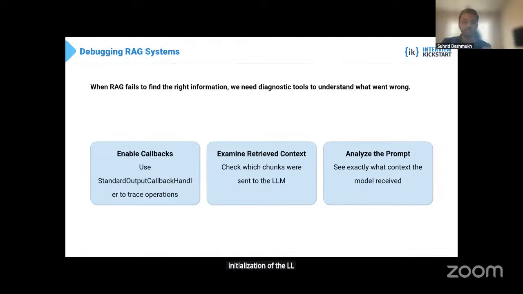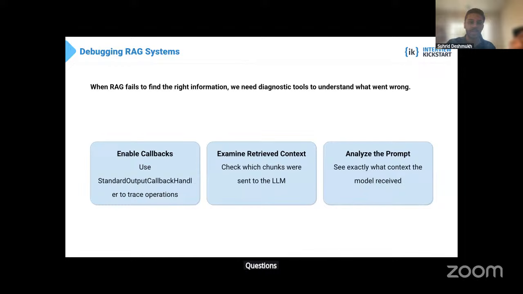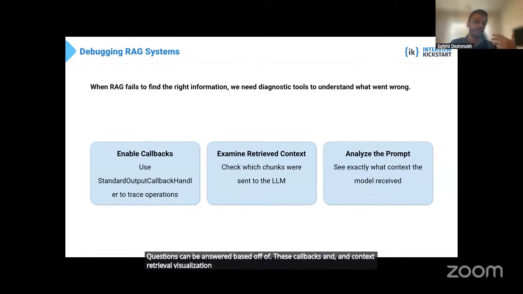Should you be using a more powerful LLM, or should you just be using a better vector DB? Should you be using a different chunking strategy as opposed to just throwing a more powerful LLM at the problem? All of these questions can be answered based off of these callbacks and context retrieval visualization provided to you by LangChain.